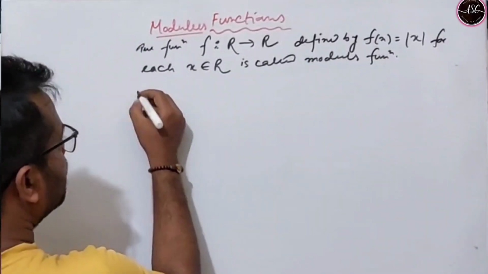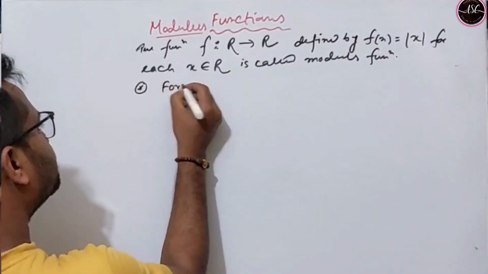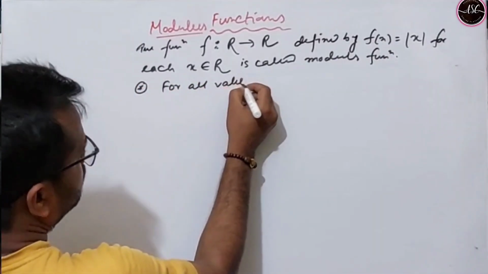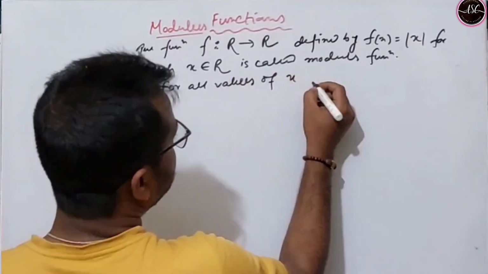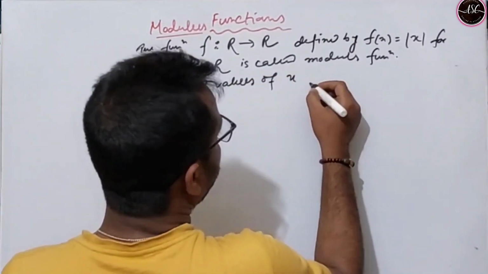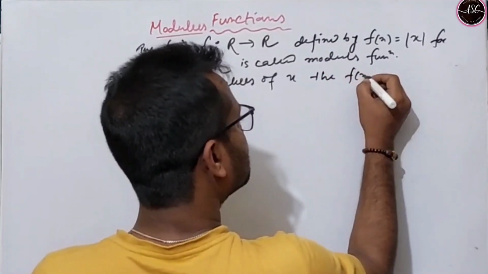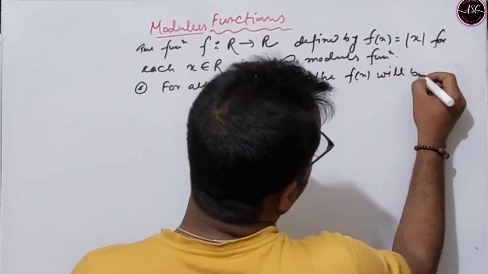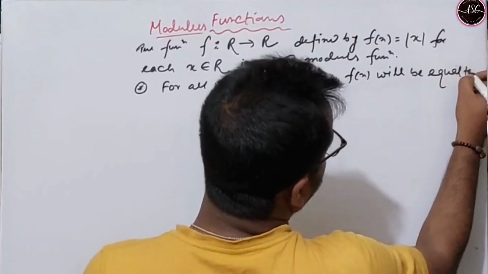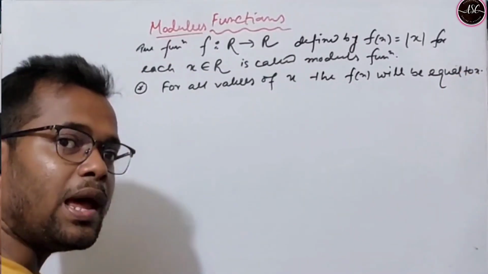Here one thing should be noted: for positive values of x, f(x) will be equal to x, that is the absolute value.